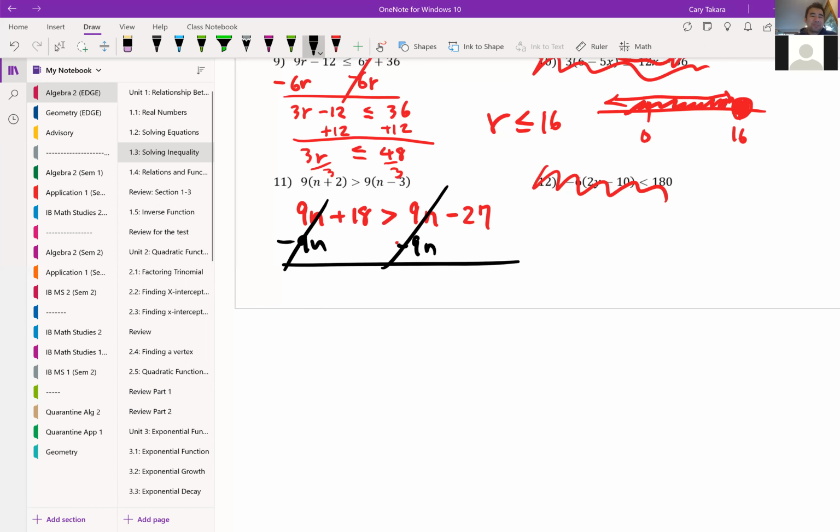Now what happens? Now, is 18 greater than negative 27? Is that a true statement, first of all? It is, isn't it? Isn't 18 bigger than negative 27?